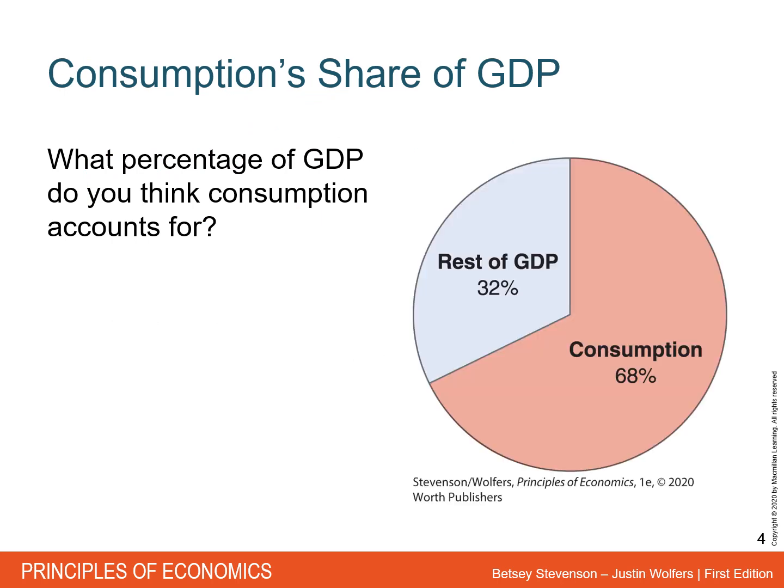For the US economy, consumption is the biggest component of GDP, about 68% to 70% of our overall GDP on an annual basis.